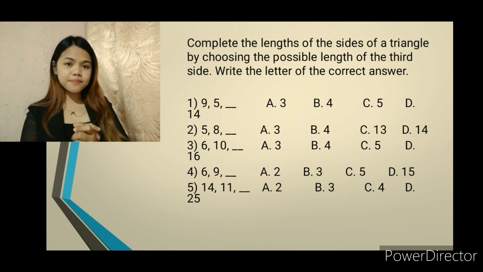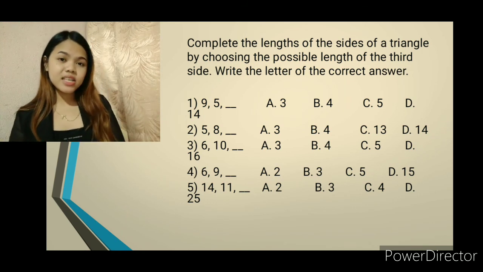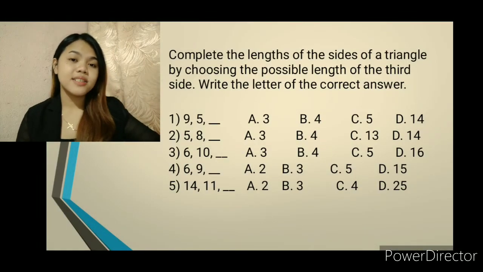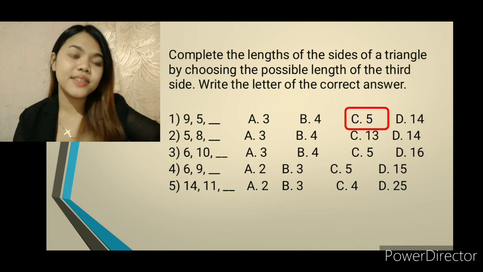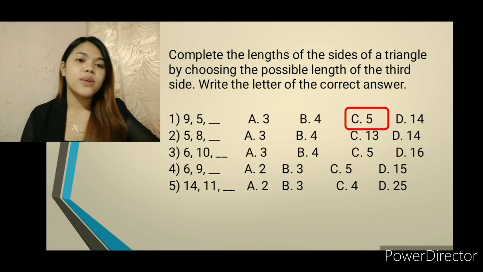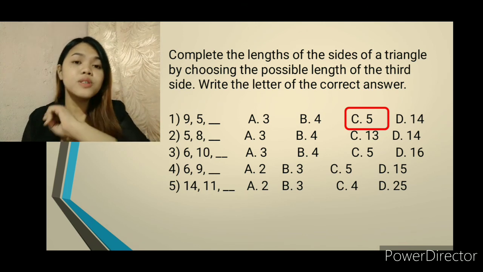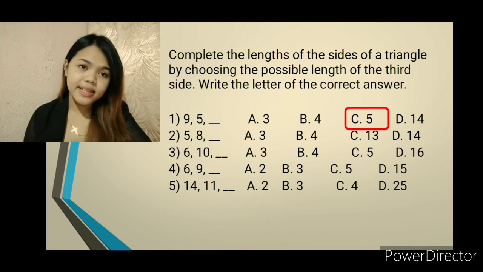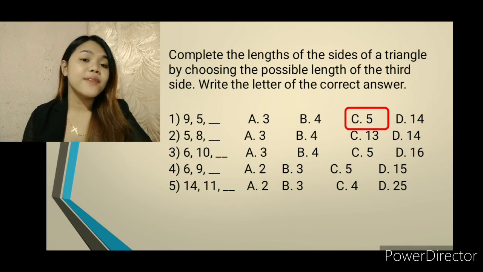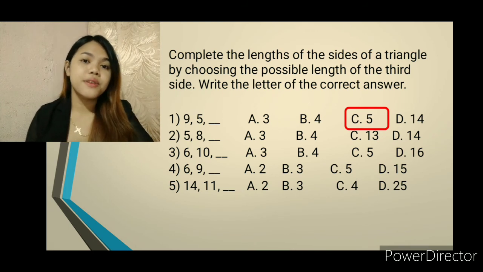Okay, time is up. Now let's check your answers. Let's have number 1. The correct answer is what? Okay, so that is letter C, because when you add the two shorter lengths, if the sum is greater than the third length, then it is the correct answer.